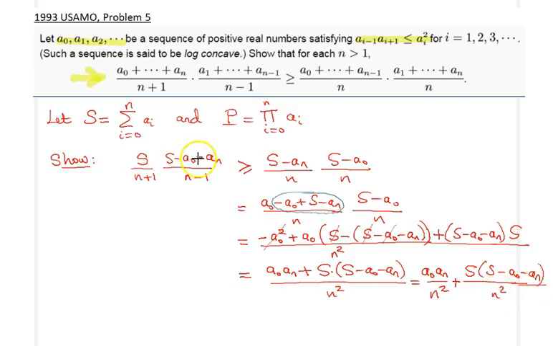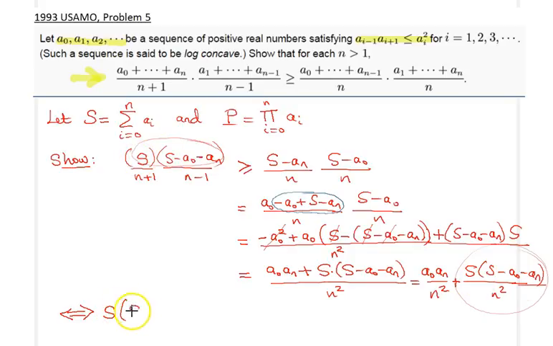Now check this out. On the left hand side we have this product here, S times S minus A sub 0 minus A sub n, and we have it on the right hand side as well. If I move this whole expression to the left hand side, we have the following equivalent representation. I can factor out this product.